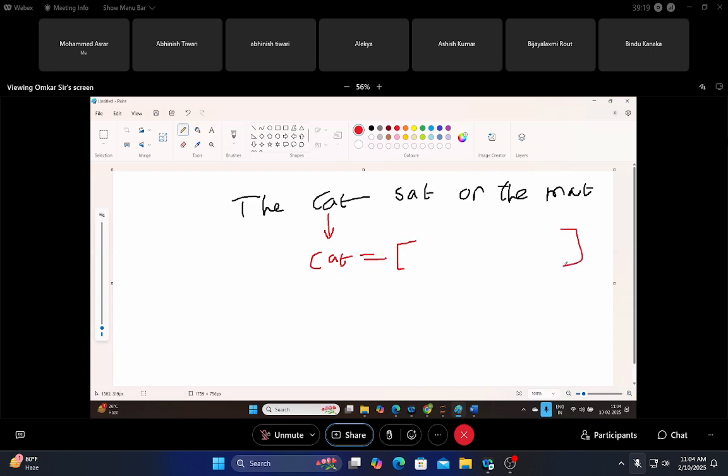In general, how will you create it? You will first make a vocabulary. Suppose another sentence is also there.